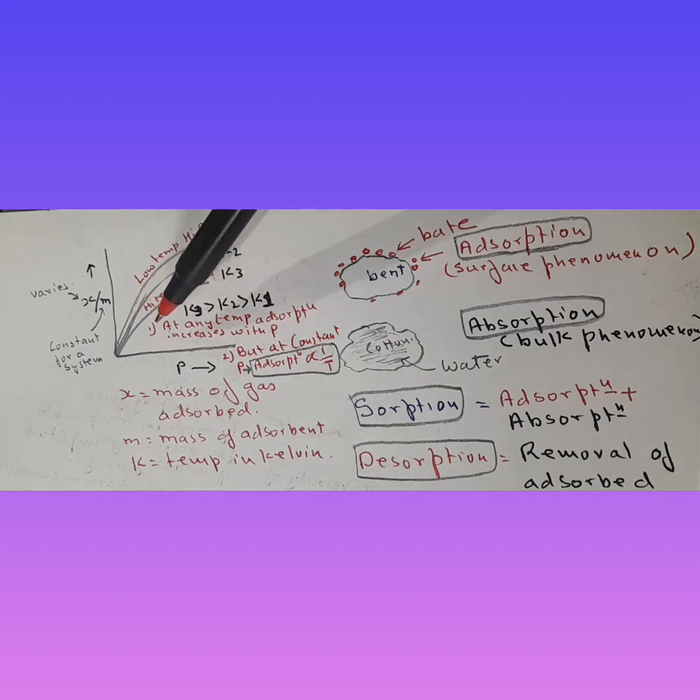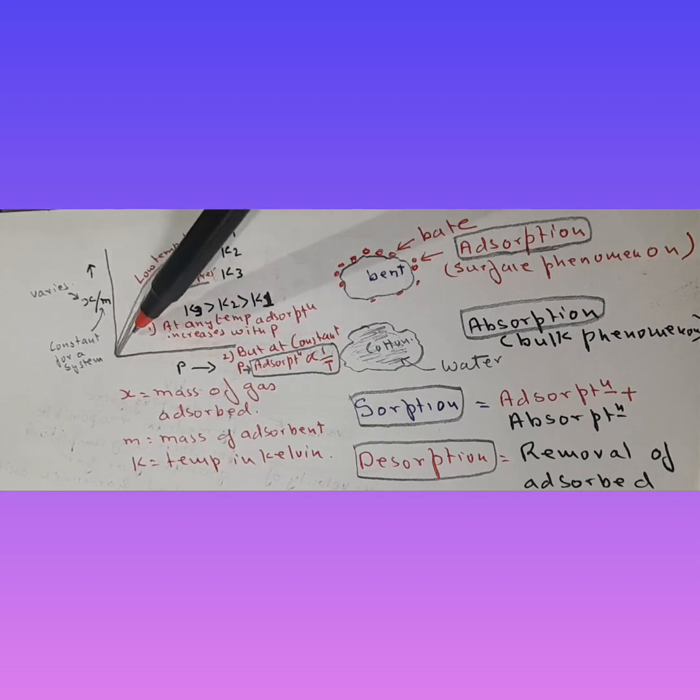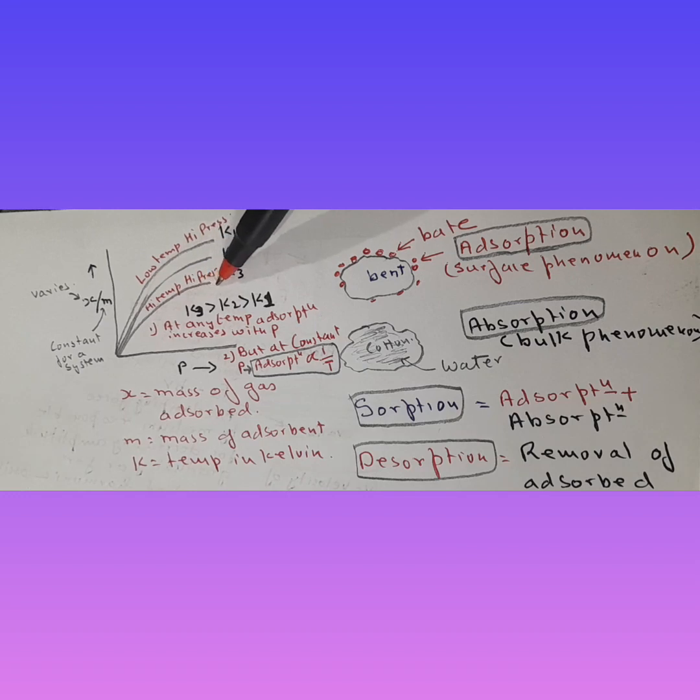What we find is that at any temperature, adsorption increases with pressure. Let's pick up this K3 isotherm. In the case of K3, where the temperature is fixed, as we keep on increasing the pressure, we find that x keeps on increasing. Adsorption keeps on increasing with pressure.